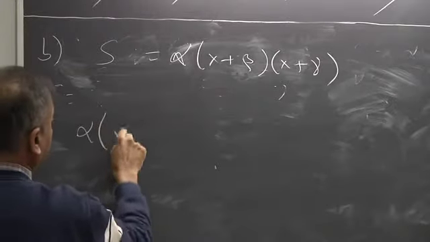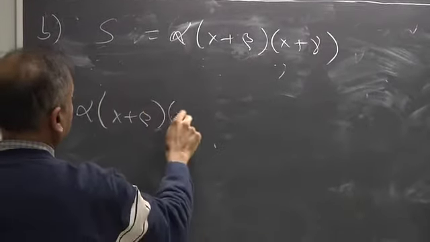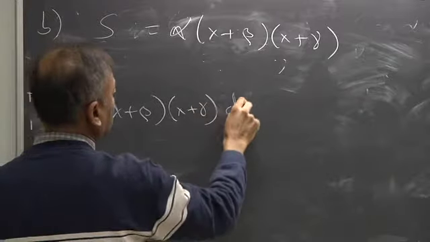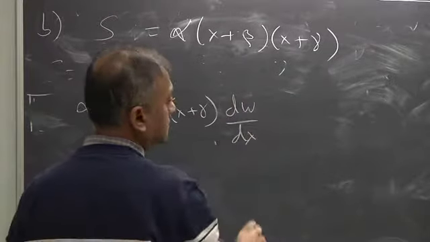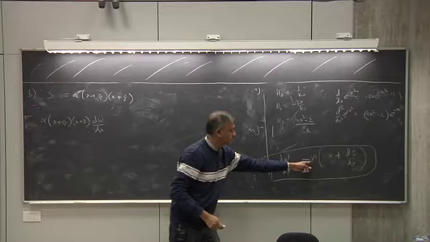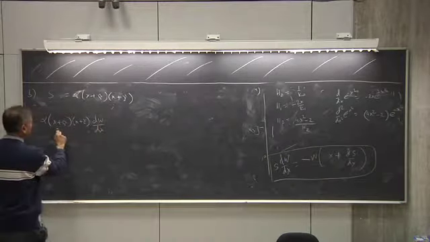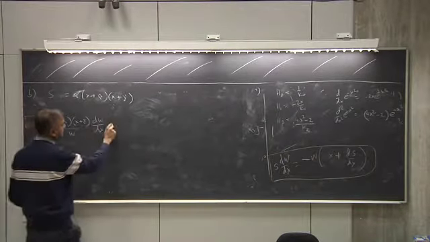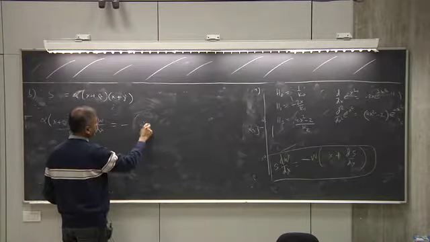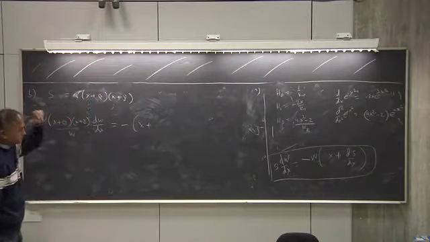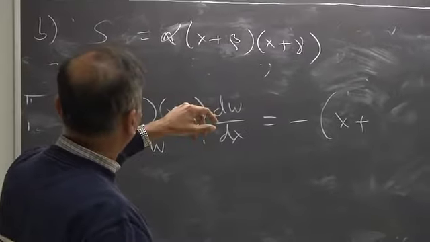So you get here alpha x squared plus beta x plus gamma times dw by dx. Actually, let me bring the w on the other side, so that this is 1 over w, which means d log w is minus x plus the derivative of this, ds by dx. So there are two terms.